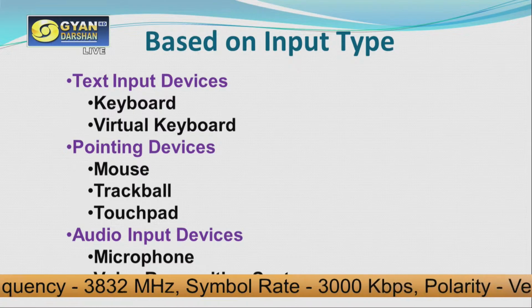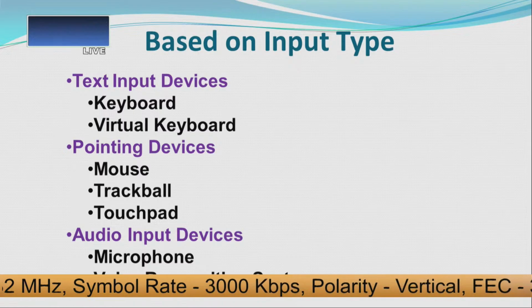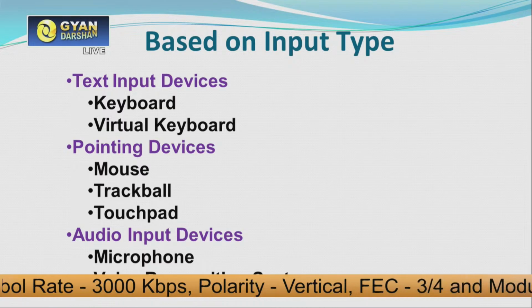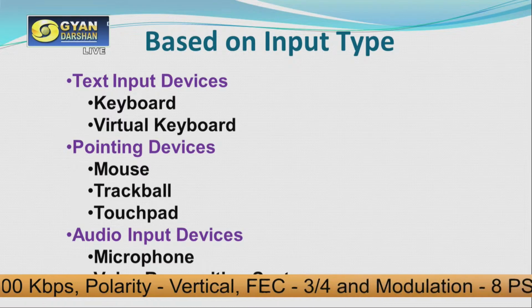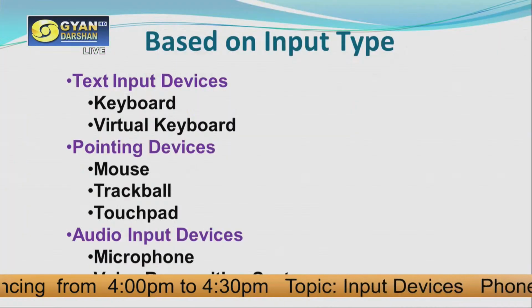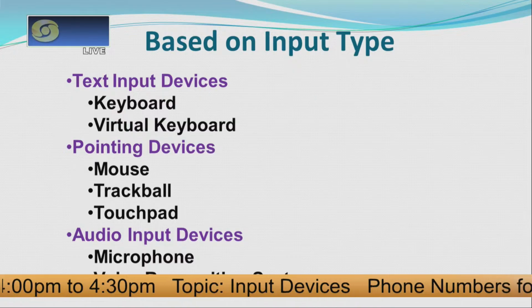For the touchpad, you can visualize a laptop, where instead of a mouse, we will be operating the whole laptop using the trackpad. So it is a simple rectangular pad which is there on the laptop, functioning just like a mouse operation. And then for the audio input, we have the microphone or else voice recognition systems.